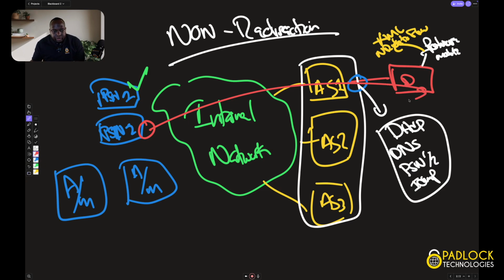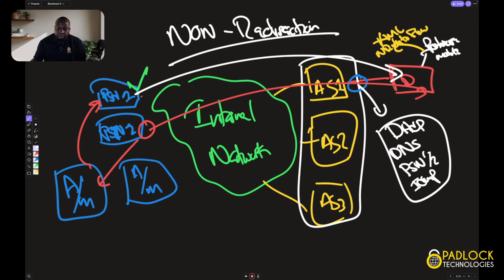Well, PSN 2 doesn't own the session, so it doesn't know anything about it. This is where it now has to query the monitoring node. Let's say this is your primary monitoring node and say, hey, who owns this session? All right, actually, PSN 1 owns the session. So now PSN 1 has to go and do the posturing or do the scan.